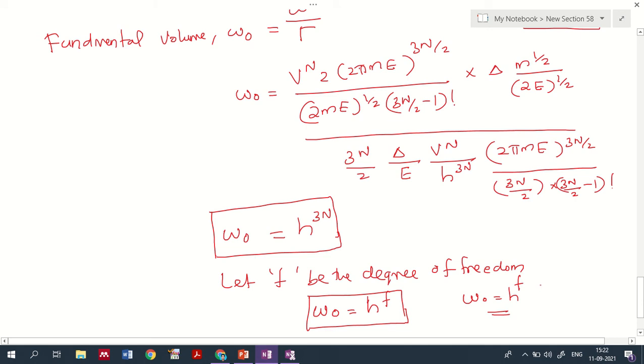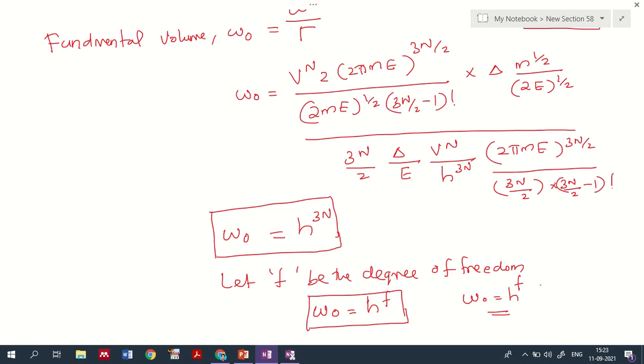What we have done so far is that we identified the classical ideal gas treatment. We considered the total energy associated with the classical ideal gas, which lies between E minus delta by 2 and E plus delta by 2.